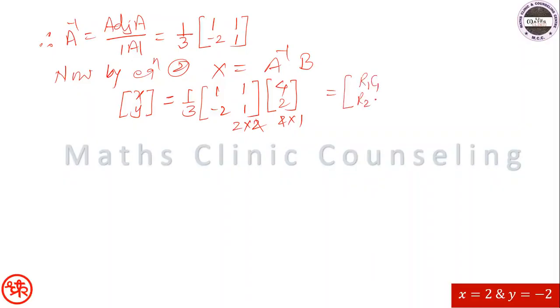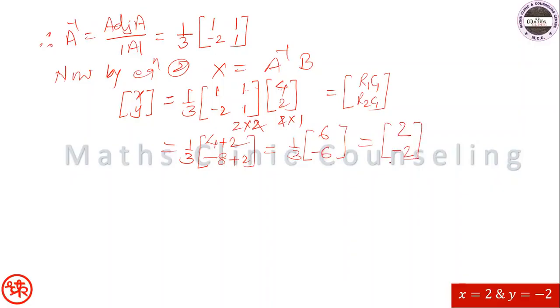तो that is equal to what, you will get R1 C1, R2 C1, कॉलम एक ही रहेगा. Okay, so it is equal to 1/3 into R1 C1 क्या आएगा, 1 into 4, 1 into 2, कितना आएगा 4 + 2. और ये कितना आएगा, -2 into 4 और 1 into 2, that is -8 + 2. Okay, so it is equal to 1/3, it is 6 और ये आएगा -6. 1/3 से मल्टीप्लाई कर लिया तो it will be 2, -2.